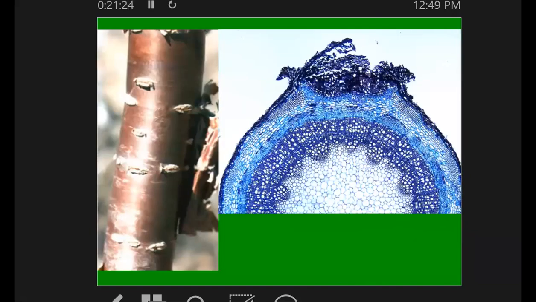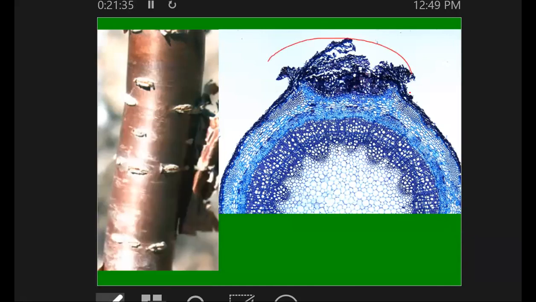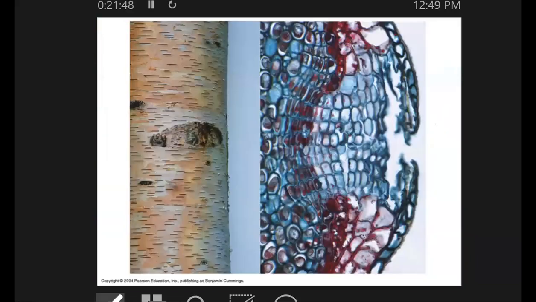Here's a real obvious one: those large bumps, those are all lenticels. Under the microscope, you would see that bump showing up on the edge. If you were to describe that, you'd say it looks like they're loosely packed, kind of scattered, so that's a good area for airflow to come across. And then some lenticels will look a little different, like this is birch, and so their lenticels are a little bit different.